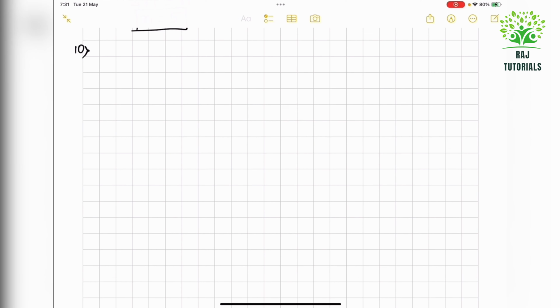Now next question, that is 10th question, says if 17th term of an AP exceeds its 10th term by 7, find the common difference. So here what is given to me? A17 minus A10 equal to 7 is given to me. So now I have to find the value of D. So can I say A plus 17 minus 1 D, this is A17 term, right?